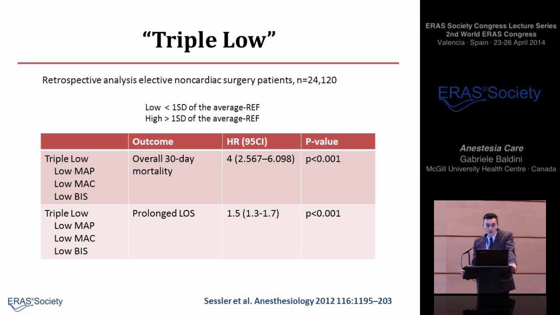The meaning of these results is not really well understood. It seems that these results reflect mainly a very sick population undergoing surgery, who can't tolerate a high level of anesthesia, and therefore show up with low blood pressure and, for some reason, very reduced cerebral activity represented by low BIS values.